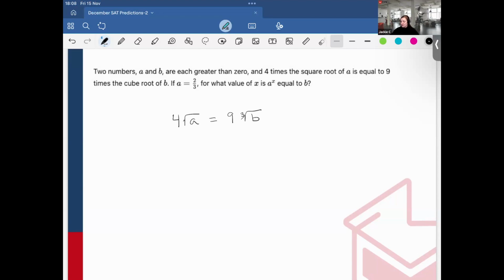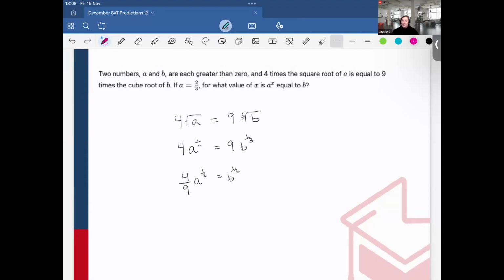Okay, so first things first, if I want to solve it quickly, it's always easy to convert this into its exponential form. And the cube root of b I can express as b to the 1/3. Also, I can move the 9 over, so I have 4/9 times a to the 1/2 is equal to b to the 1/3.